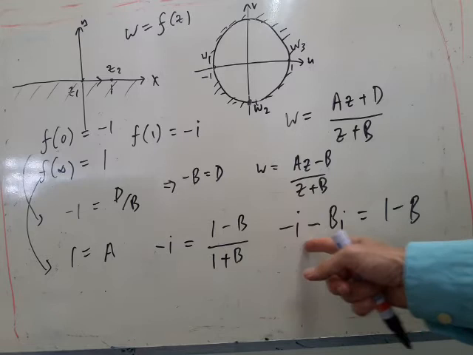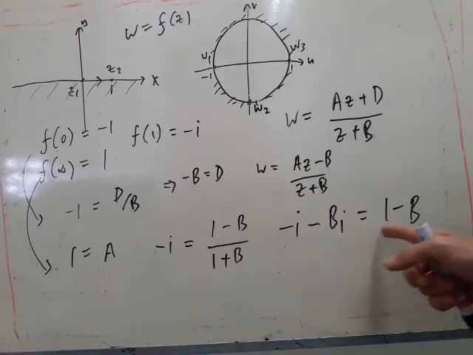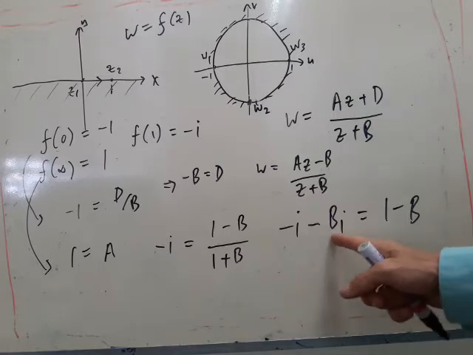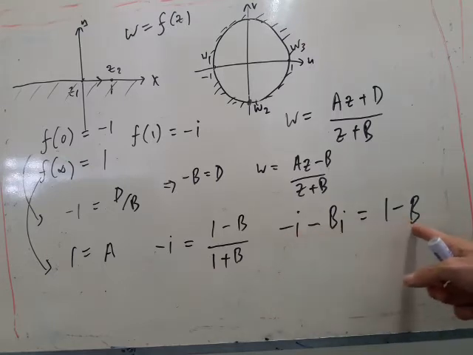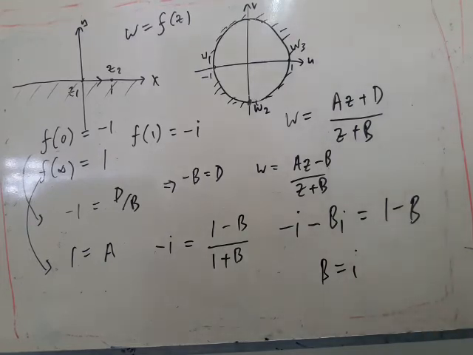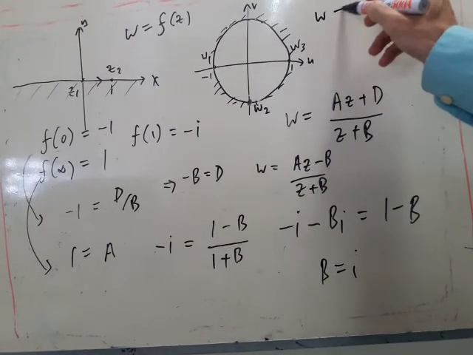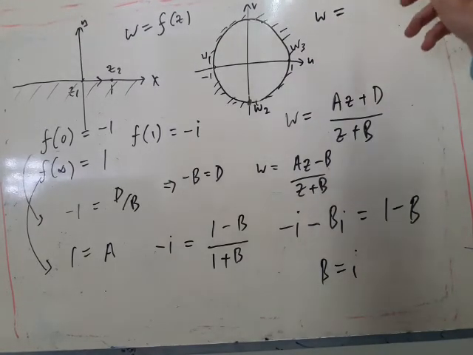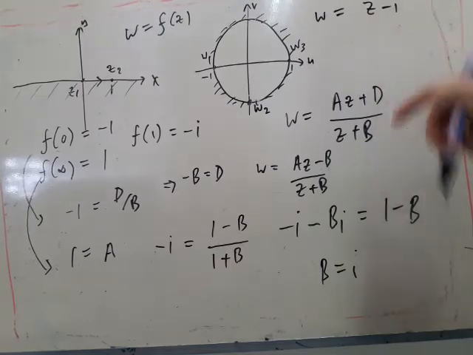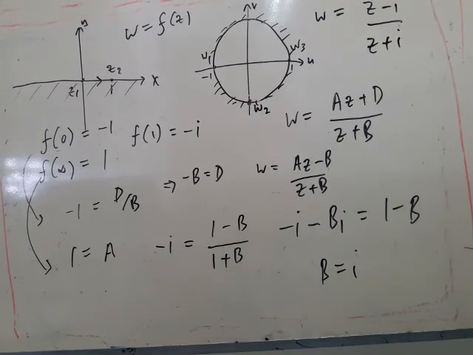Looking at the imaginary parts, the only way you're going to get 1 here is if b is equal to i, which also works for the real part. So b has to equal i, and the transformation we want is w equals z minus i over z plus i.